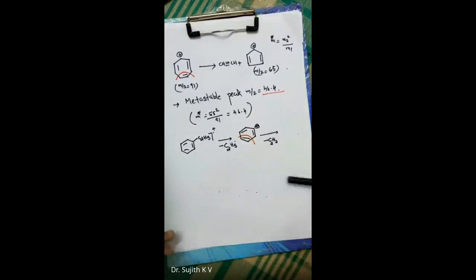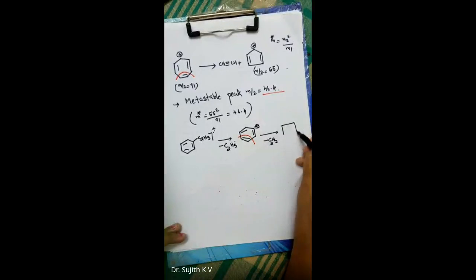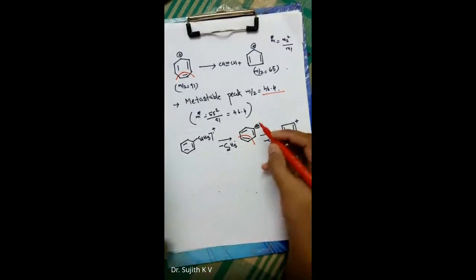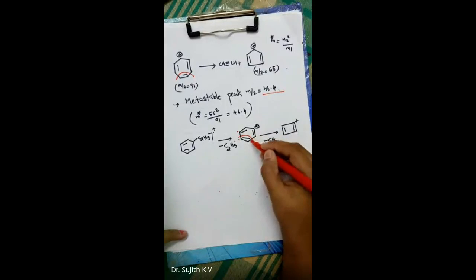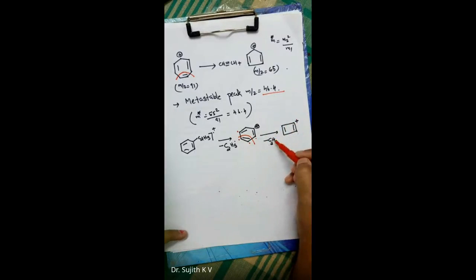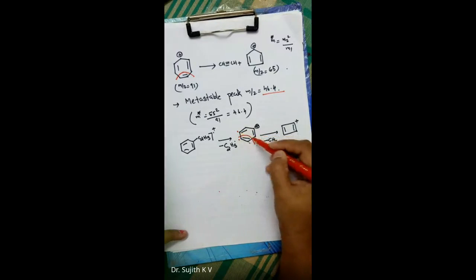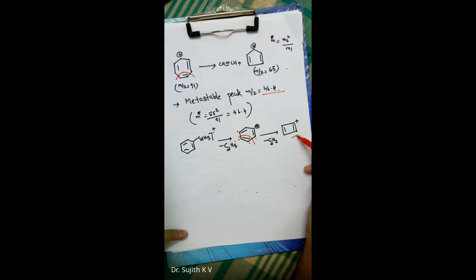and you will get a cyclobutadienyl cation. For the sake of understanding, to make it more clear, we can depict this bond as these two dots, radicals, and suppose this is also cleaved like this, and then these two radicals combine to form another bond, that is CH triple bond CH, and these two dots get combined, and that will result in this species.